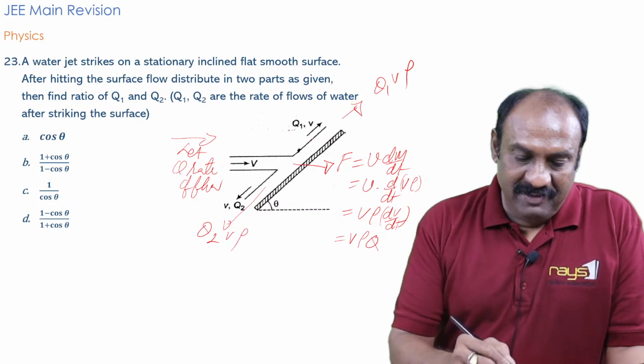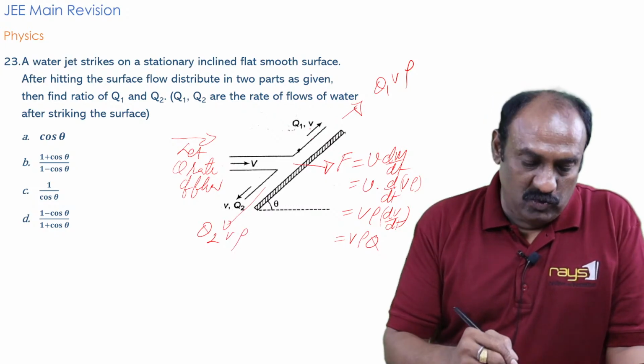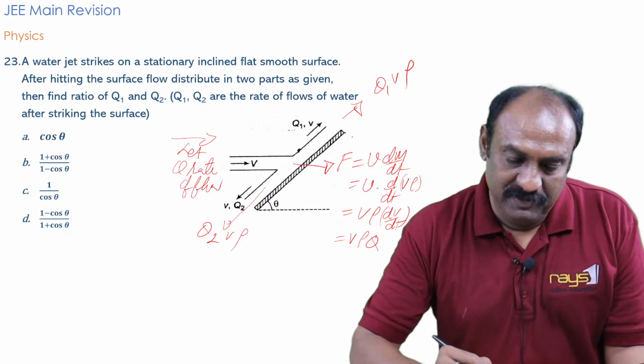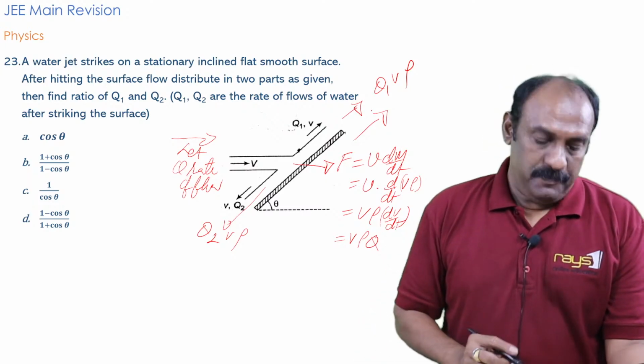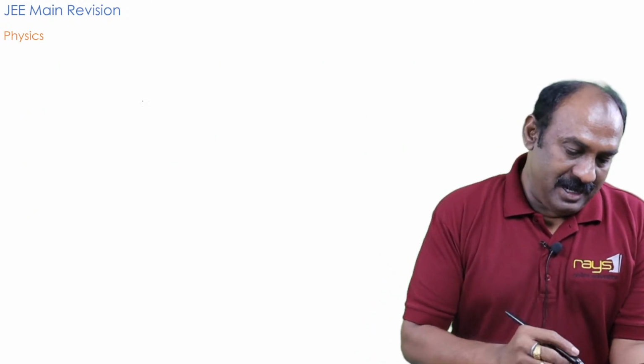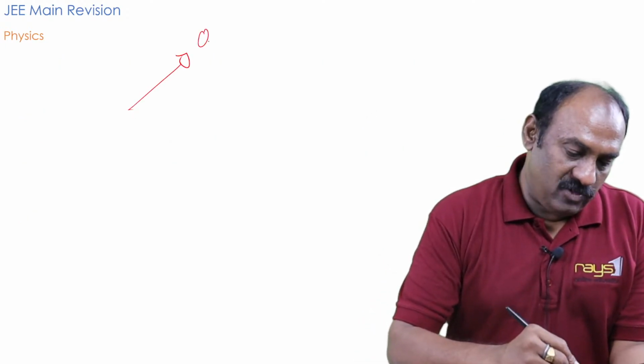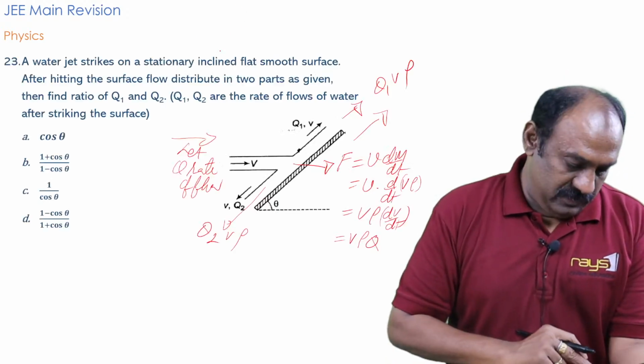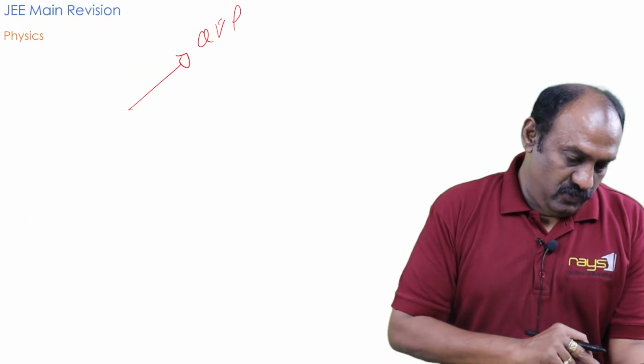But the difference of these two will be the component of this force. So on the inclined plane, in this direction it is Q1 into V rho.